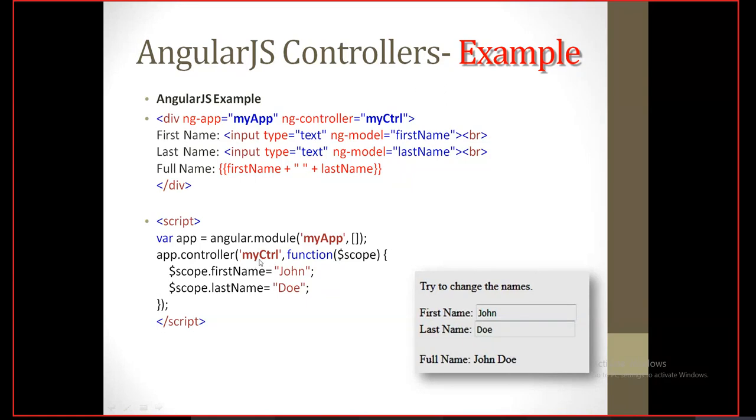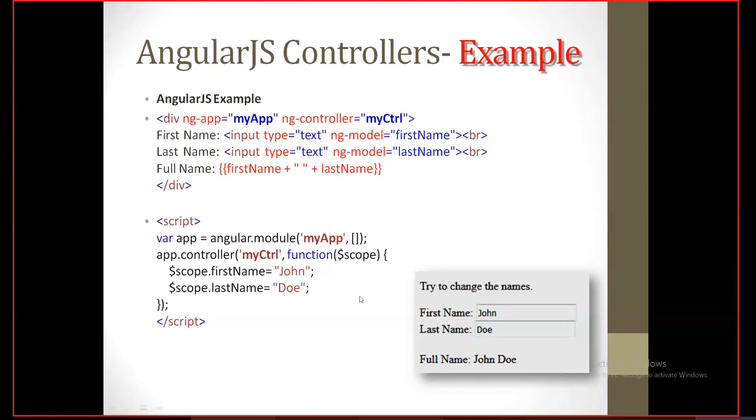Now what a controller does, it tries to define a function over here, as I told, and that function will interact, or it will try to access and modify the variable names, the application variable names that we have created over here. As I told, the one and only parameter for this function is the scope parameter, $scope.